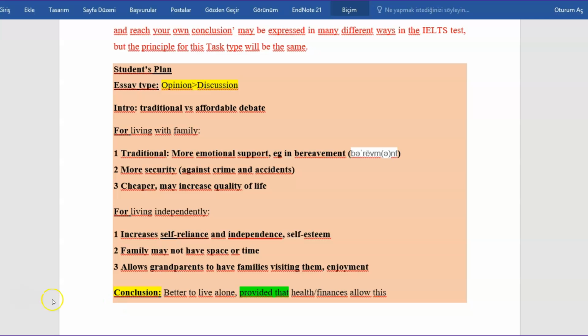And at the end, finally, in the conclusion part, we can say it is better to live alone. We bring in a conditional here, provided that health or finances allow this situation.